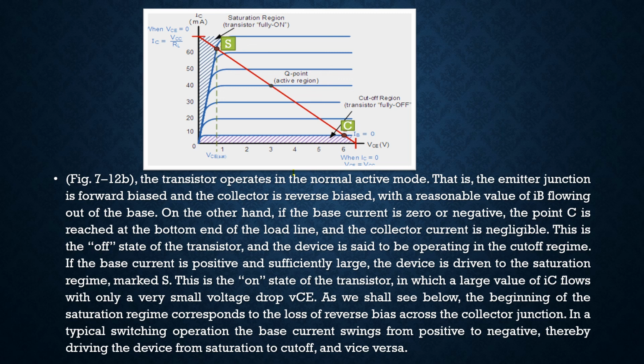As we shall see below, the beginning of the saturation regime corresponds to loss of reverse bias across the collector junction. In a typical switching operation, the base current swings from positive to negative, therefore driving the device from saturation to cutoff and vice versa.